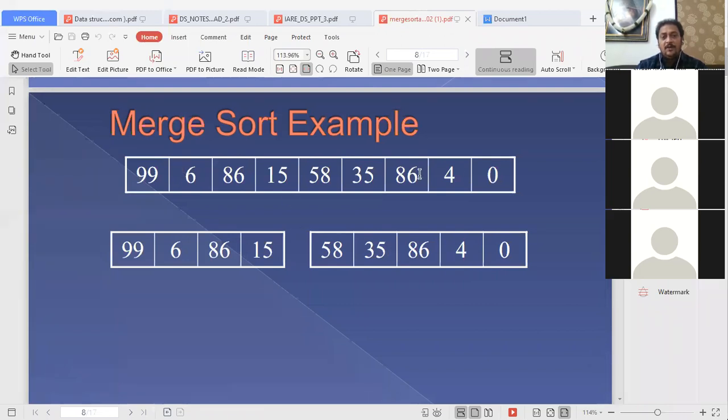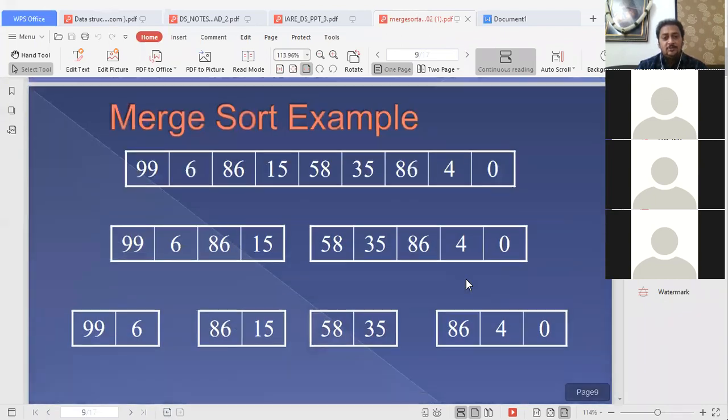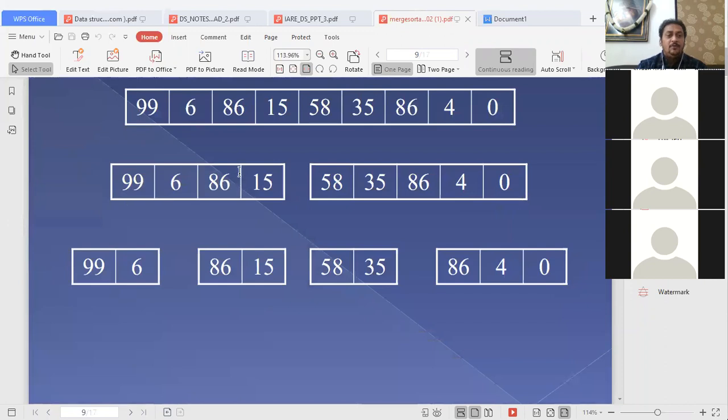The total number of elements in array A is 9. We divided it into subarray A1, which contains 4 elements, and A2, which contains 5 elements. Now the 4-element subarray is further divided into 2 plus 2, and the 5-element one is further divided into 2 plus 3. Is this clear?